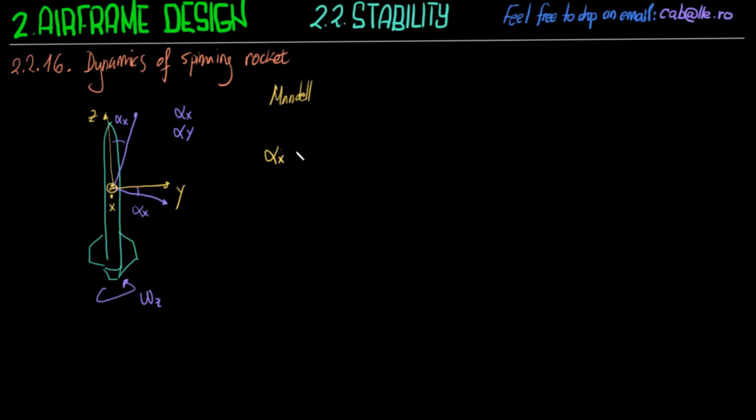So the general response of a rolling rocket is going to look like this. It's going to be the sum of two damped sinusoids. So we have one damped sinusoid here, sine, which has its own angular frequency and its phase angle. We're not going to care much about the phase angle, just get the general idea.